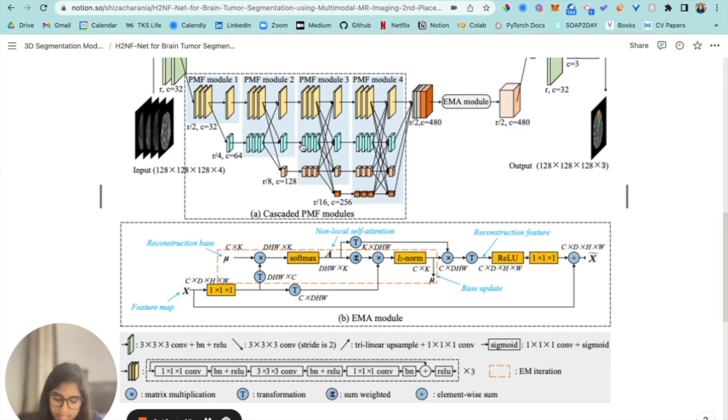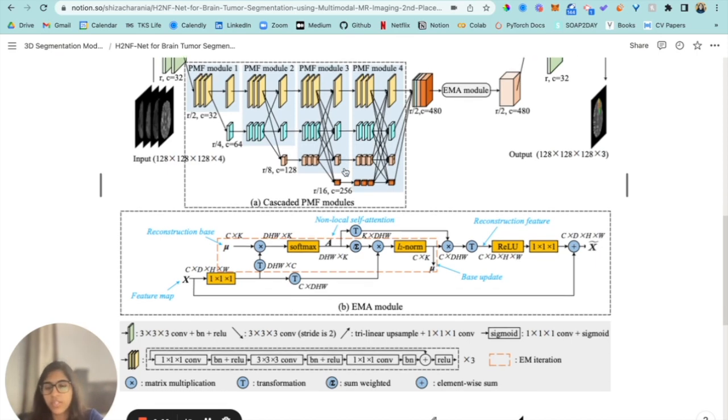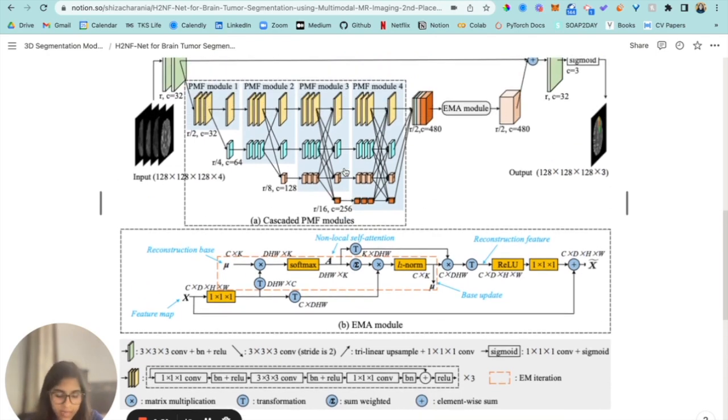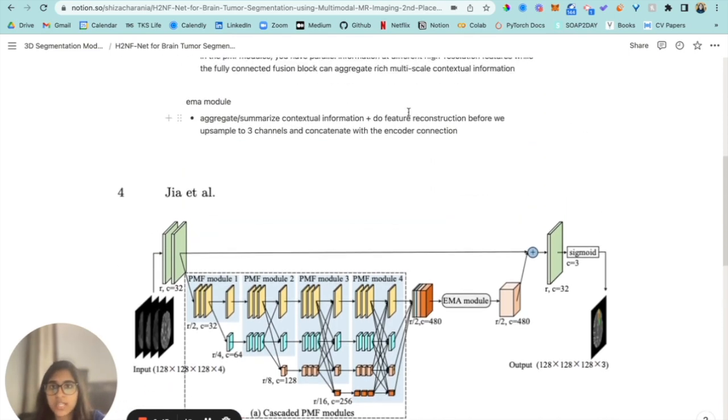Over here, what it says is that in the fully connected fashion, you're having the branches as the summation of the output features of all the resolution branches. So that's pretty much it, you're trying to find more information. But what it really comes down to in trying to find what's at the end is when you concatenate all of these, as I said, at the R/2 scale, you actually go through the EMA block.